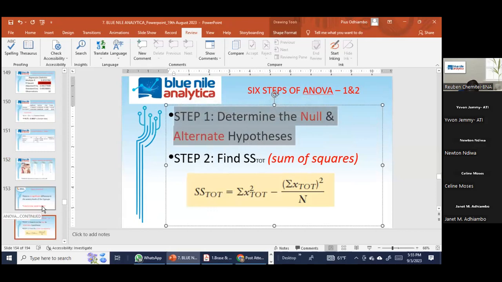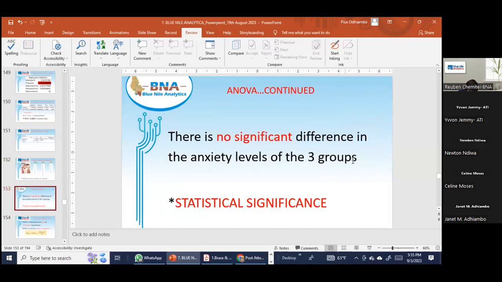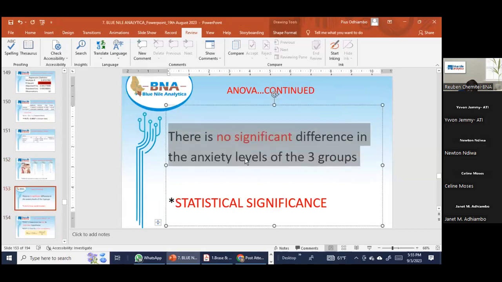We sometimes state it for purposes of rejecting. Once we carry out the Anova analysis, we can determine if this statement is correct or not. If it is not, then we reject. If it is otherwise, then there is no rejection. We do not reject.